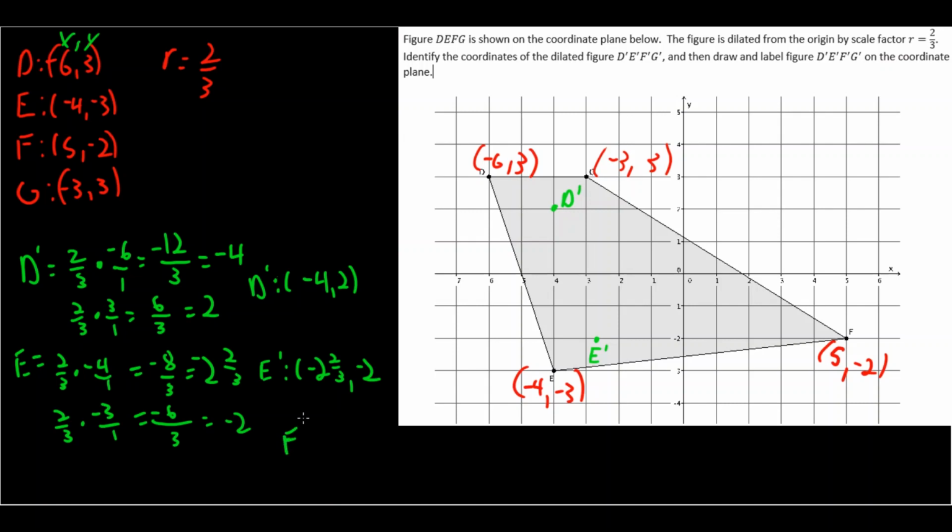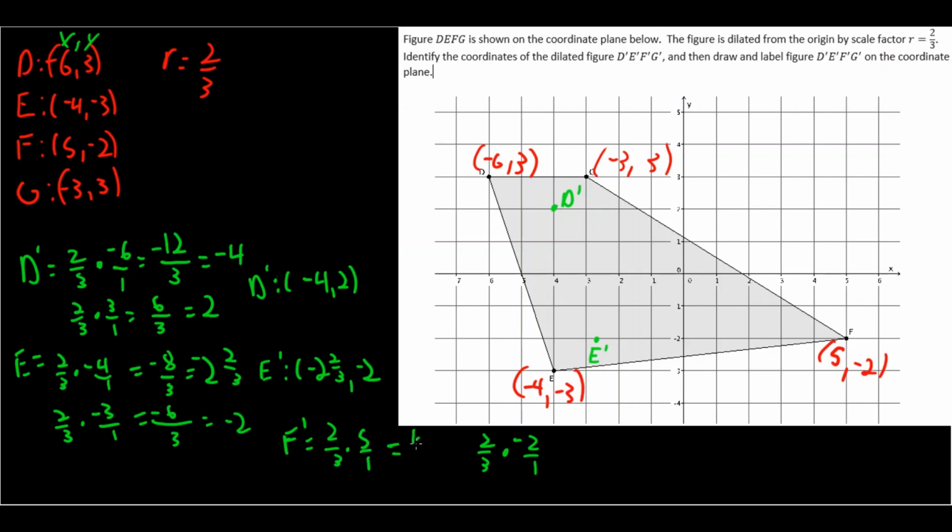Then up next, we'll do F, and we'll do F down here. Okay, F. So F prime is going to be equal to 2/3 times 5 over 1, and then also 2/3 times -2 over 1.